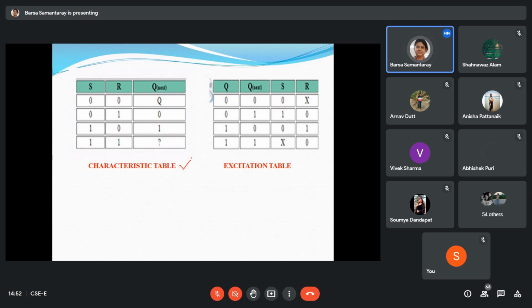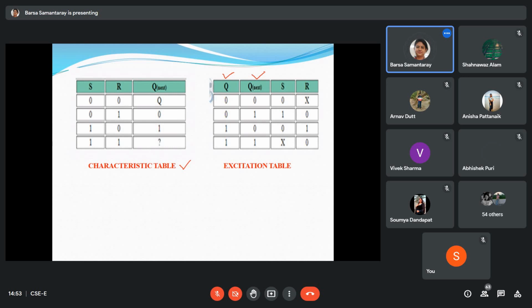So next state मेरे कौन से टेबल से पता चलेगा, वो ही तुम्हारा कैरेक्टरिस्टिक टेबल. ओके. लेकिन एक्साइटेशन टेबल मतलब अगर प्रेजेंट स्टेट मेरा 0 है, अगर नेक्स्ट स्टेट मेरा सेम, मतलब फॉर एग्जांपल काउंटर में मेरा पहले 0 1 2 3 4 ऐसा काउंटर है. So what should be my input so that it will be producing from 0 to 1, 1 to 2, 2 to 3 like this. Then that table is known as your excitation table. Means what inputs we have to give so that these states are changing. Are you understanding?